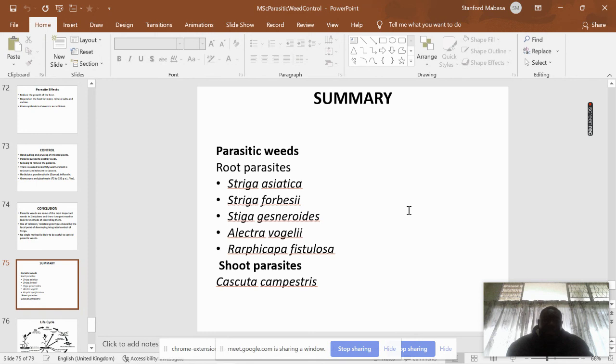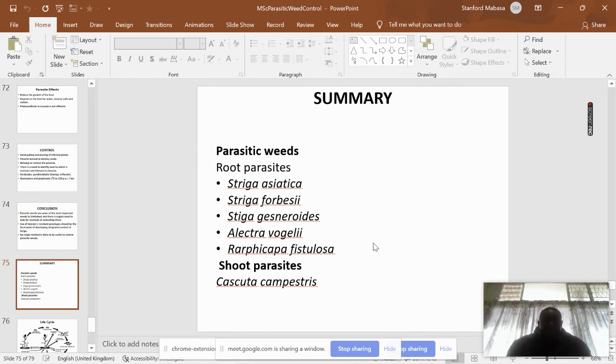This then is a quick summary. Please note the parasitic weeds we have gone through. We have got root parasites: Striga asiatica, Striga forbesii, Striga gesnerioides, Alectra vogelii, Rhamphicarpa fistulosa.